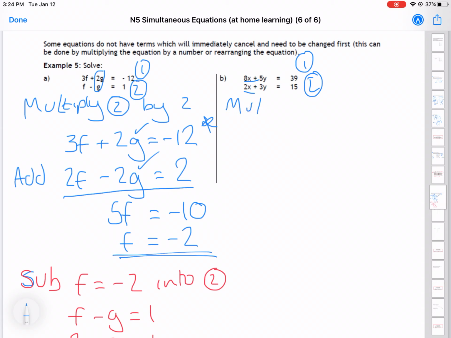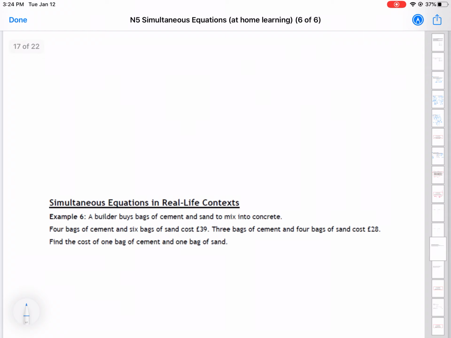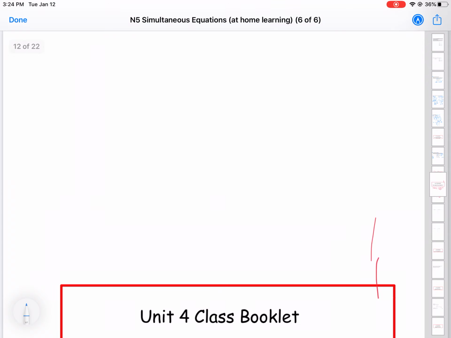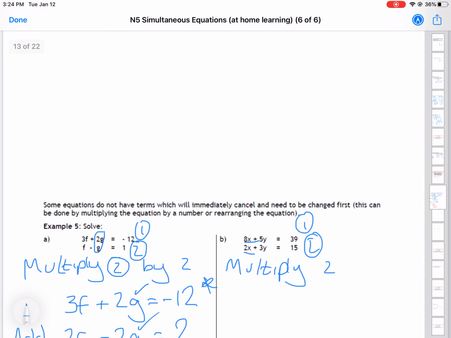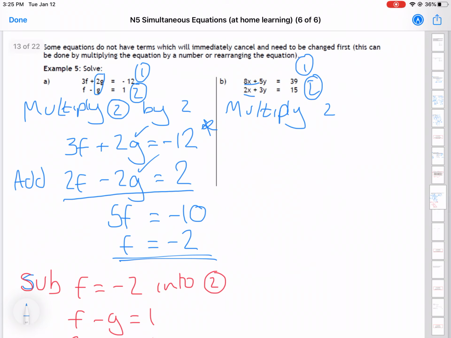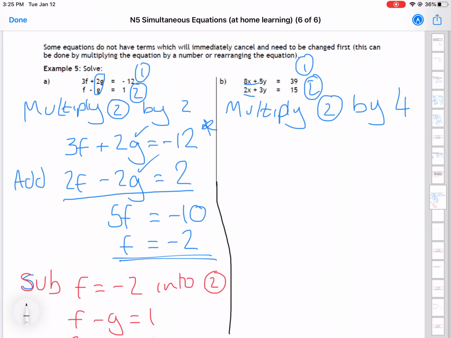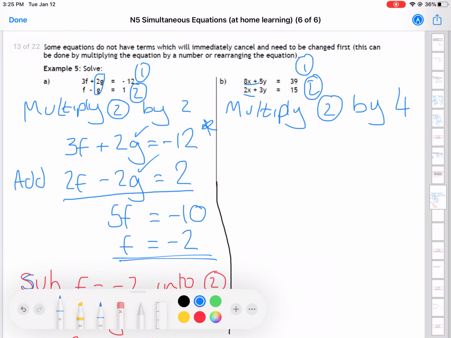I'm going to multiply equation 2 by 4. And you'll see that is going to give me 8x's in my second equation, which means those will be able to cancel out.